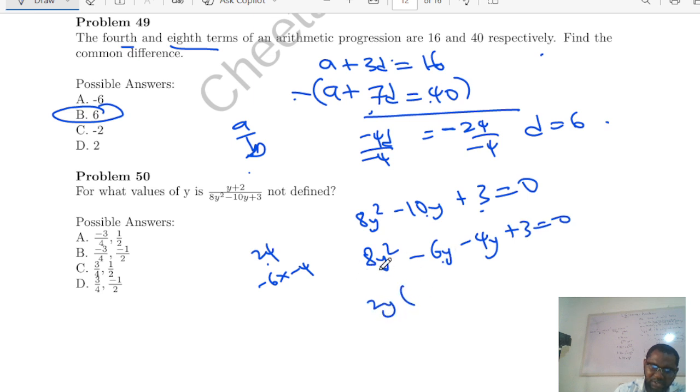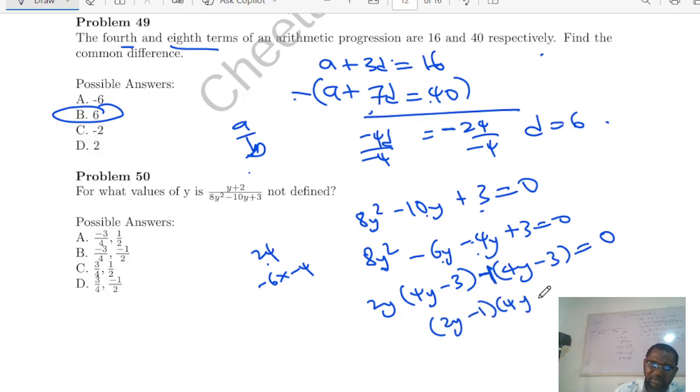2y is common here, so it's going to remain 4y minus 3. I can factorize the negative sign here. That will be 4y minus 3. When you factorize a negative number, it will affect here. So all equal to 0. So this is minus 1, sorry. So this is 2y minus 1 and 4y minus 3 equal to 0. So if 2y minus 1 is equal to 0, 2y will be equal to 1.